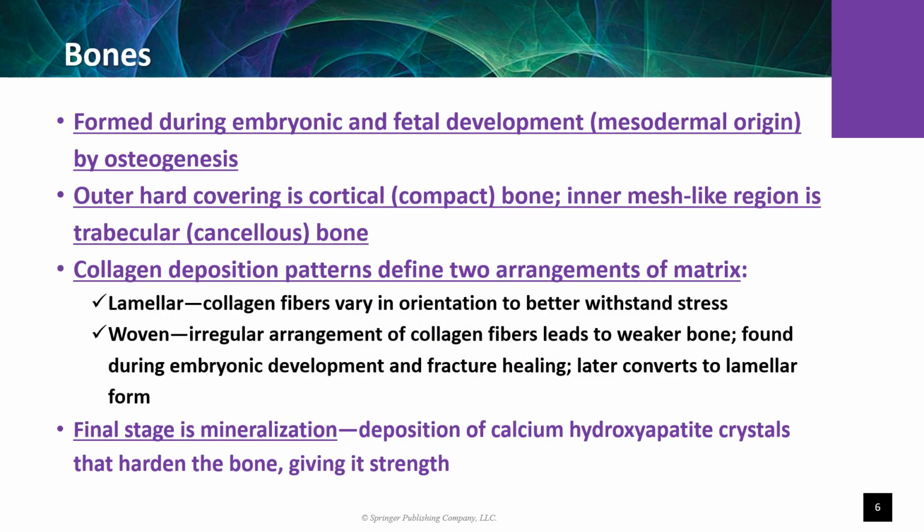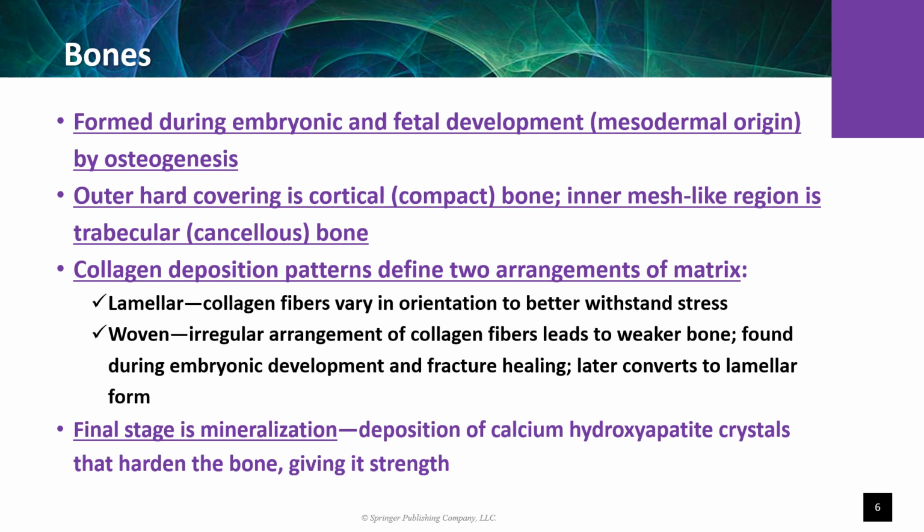Bone is a hard connective tissue and consists of scattered cells surrounded by extracellular matrix that comprises inorganic and organic components. The matrix of bone is hardened by deposits of calcium hydroxyapatite crystals that consist of calcium phosphate salts, and these align in parallel to the collagen fibers that are predominant in the bone matrix.